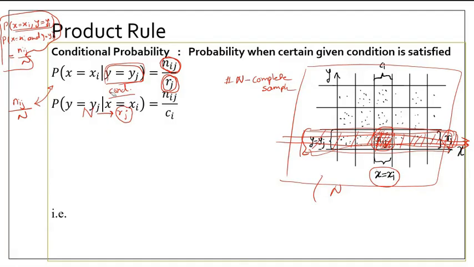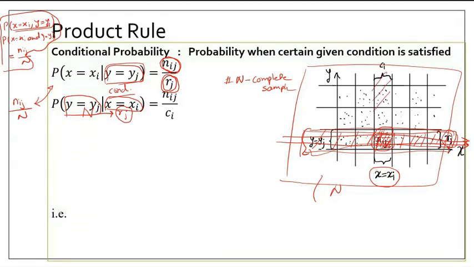Now similarly, I can write in the reverse way. Probability that y is equal to yj given that x is equal to xi. In this case, the condition is x is equal to xi, which means I have to consider this vertical strip.